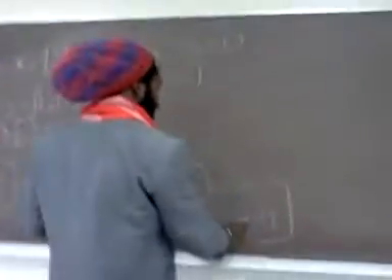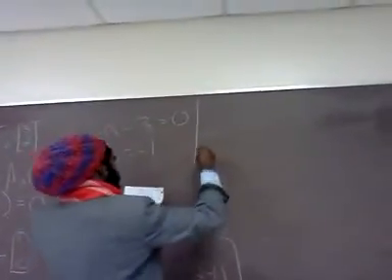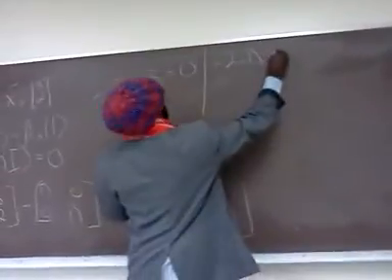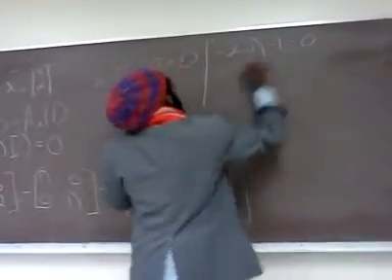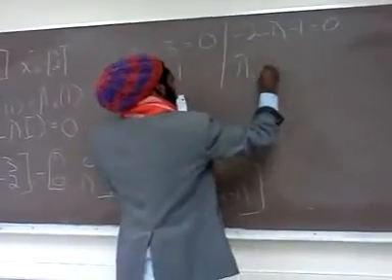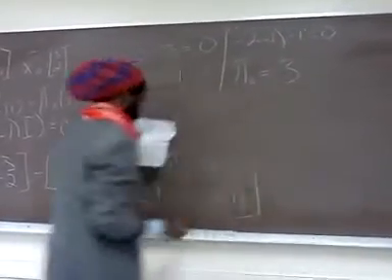Now, we're going to go ahead and do the same thing with our second eigenvalue. Our second eigenvalue is going to correspond to 2 minus lambda minus 1 equals 0. And our second eigenvalue is negative 3.